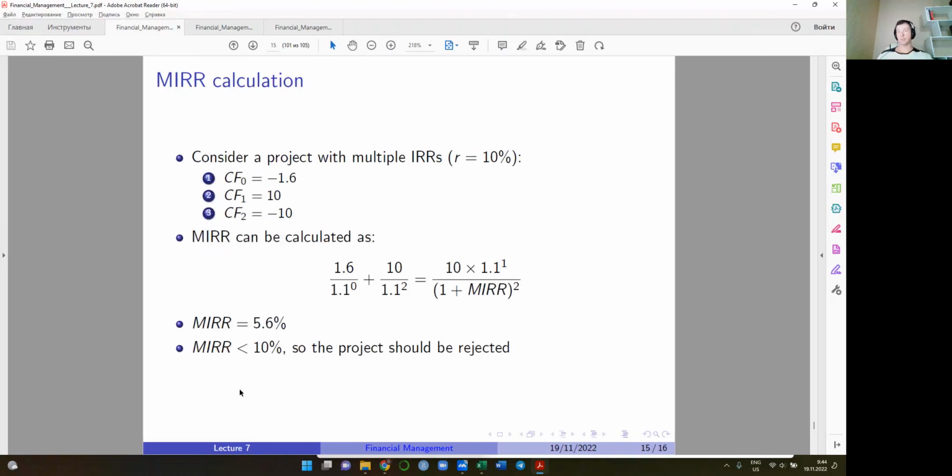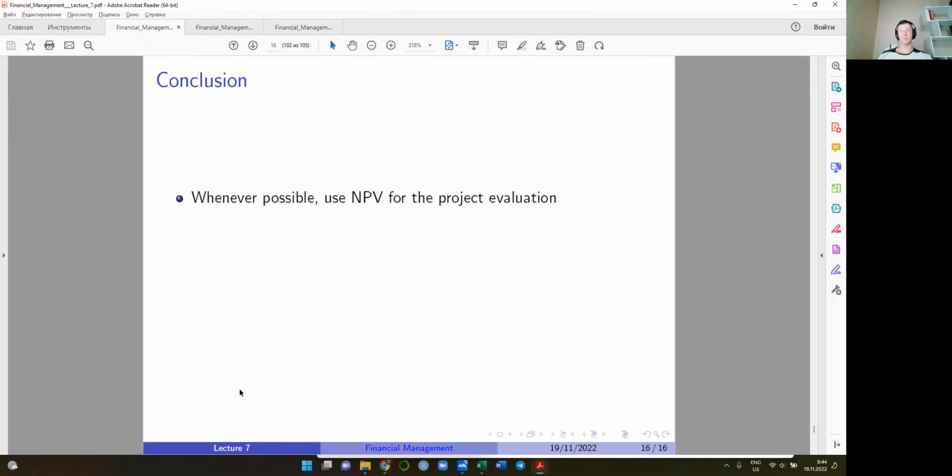So this is all that we can say about additional things in capital budgeting. So now we know all the 6 methods of investment project evaluation. So we today have covered MIR. We also know that whenever possible, whenever there is some contradiction, we use NPV, because NPV is more reliable.